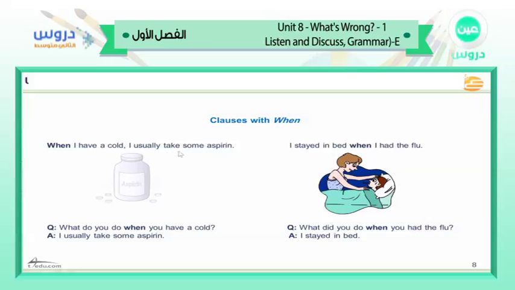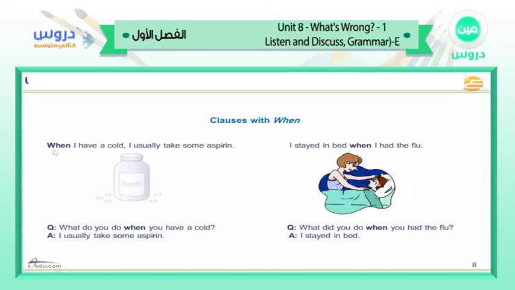This is the result. Okay, very nice. This is another example. I stayed in bed when I had the flu. This is the when clause. When I had the flu, and this is the result. What did I do that time? I stayed in bed.